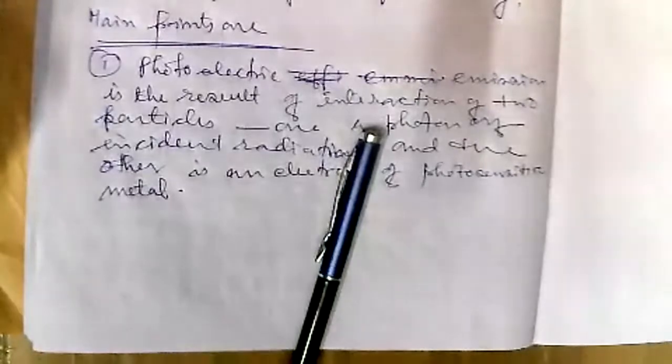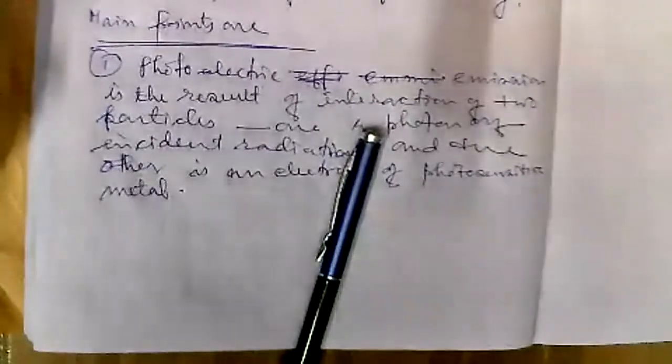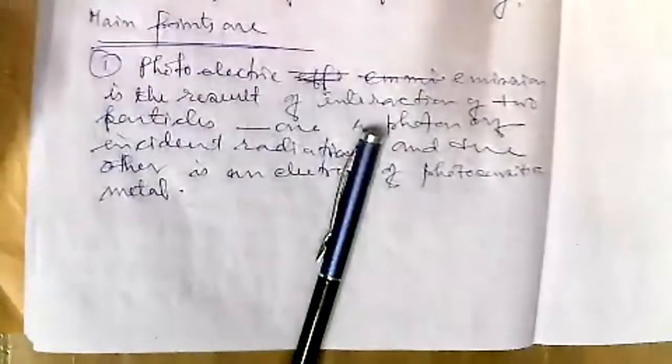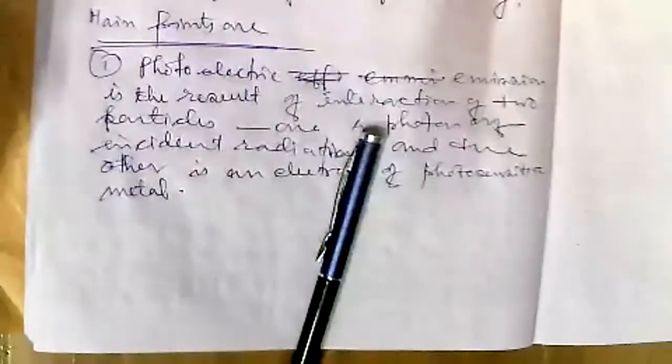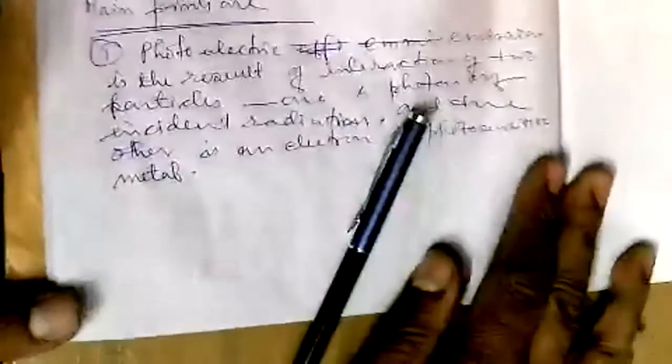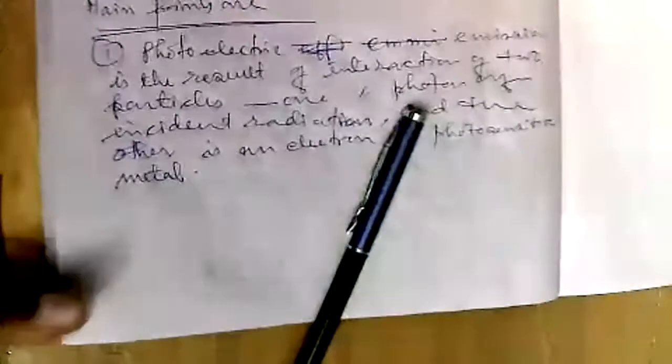So in certain situations light behaves as a wave, and in certain other situations light behaves as a particle. So we can say light has dual character, dual nature.